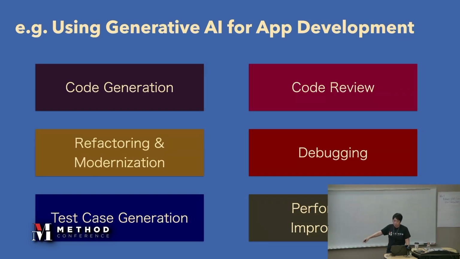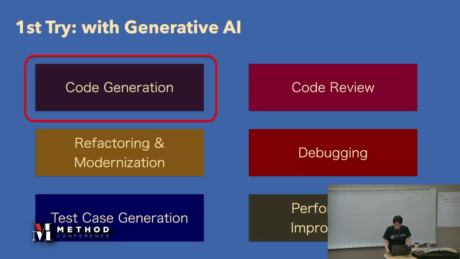For example, by using generative AI, we can accelerate these steps: code generation, code review, refactoring, modernization, debugging, test case generation, and performance improvement. We can use generative AI for each step. Okay, and I'd like to show a demonstration for each step.